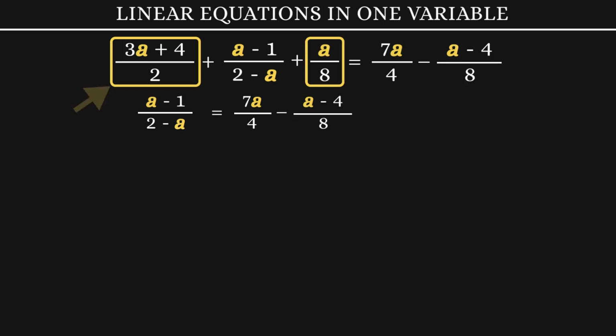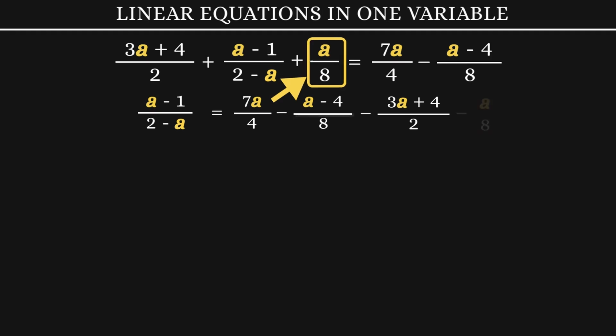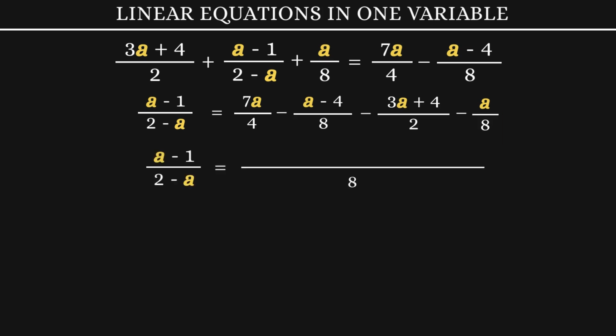In this case, 3a plus 4 by 2 will become negative on the other side. In the same way, positive a by 8 will become minus a by 8. In the next step, we'll simplify the right hand side. Finding the LCM of the denominators, we have 8 as the common denominator.